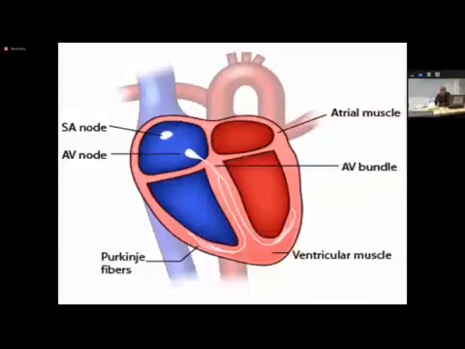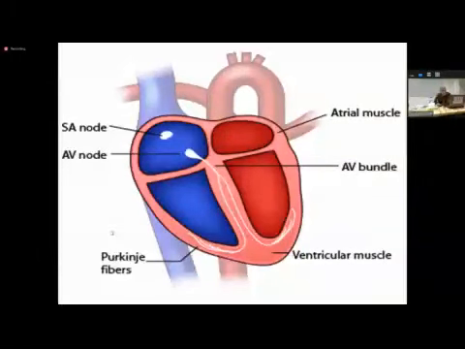So the sinoatrial node, the internodal pathway which connects the sinoatrial node to the AV node, then the interatrial pathway which connects the myocardium in the right atrium to the myocardium in the left atrium.